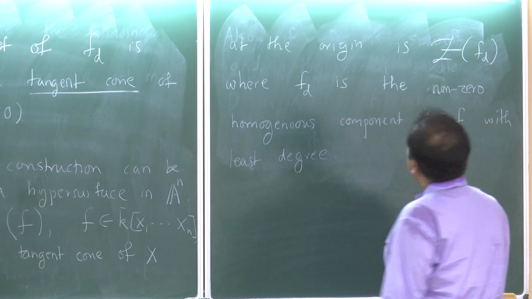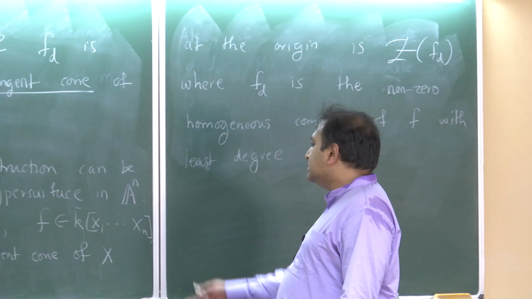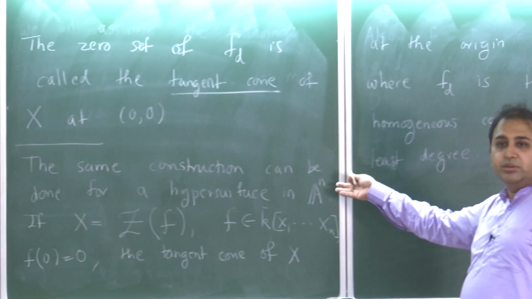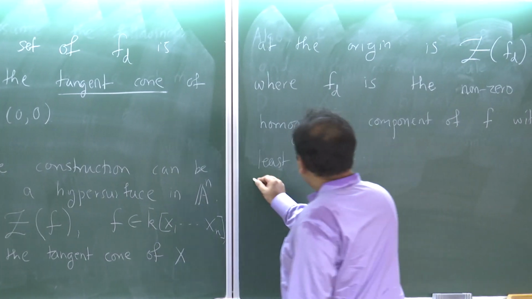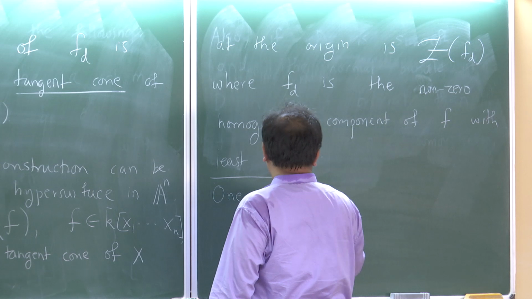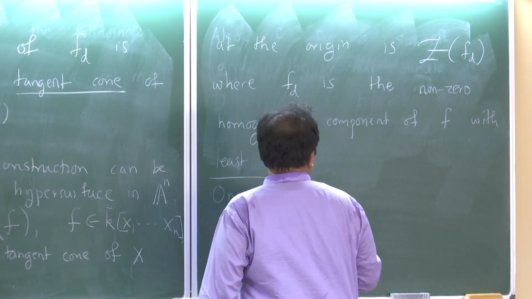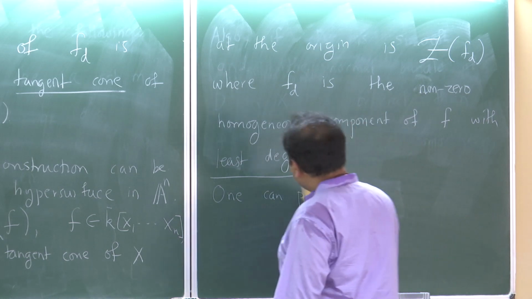One problem with this definition is that it seems to depend on the embedding. But there is an alternative description of this. So one can prove that, okay, actually, I need to say a little more.